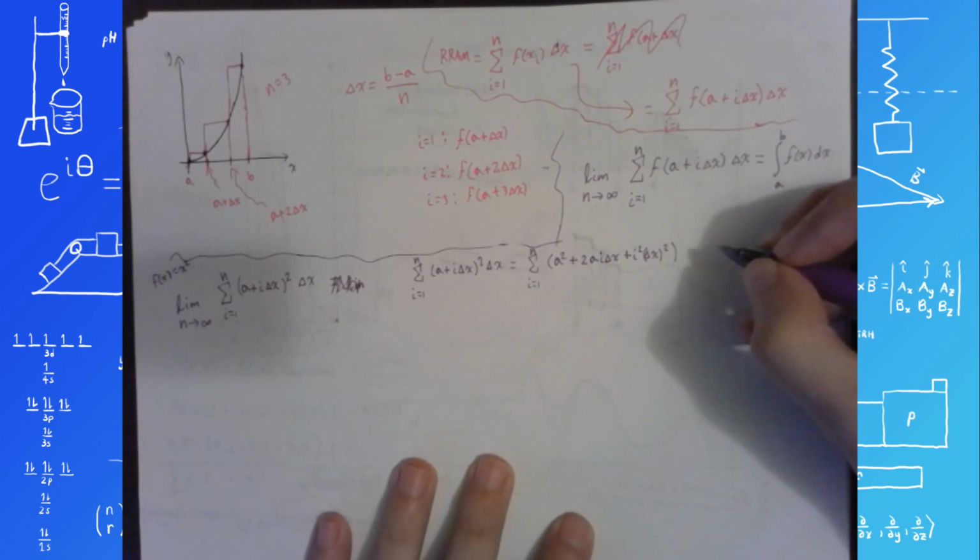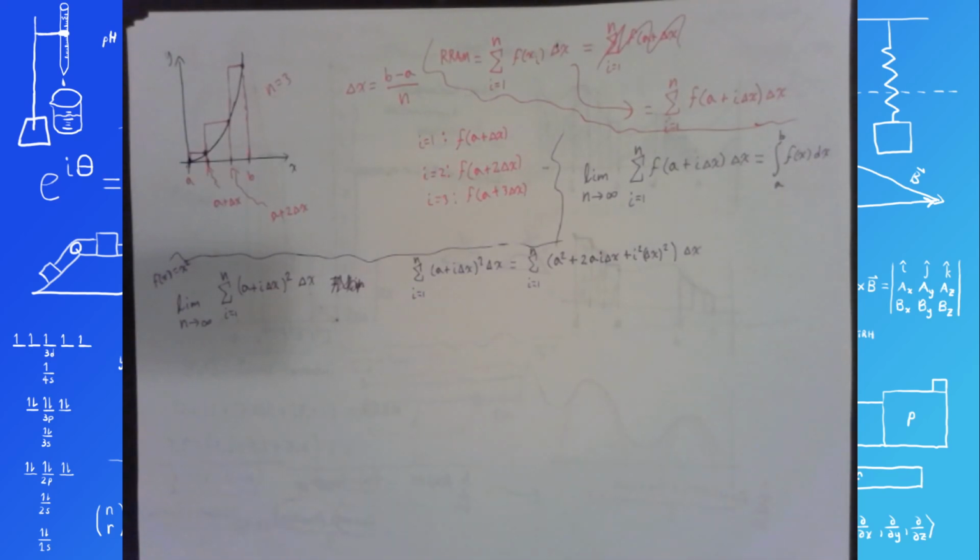And then all that times a delta x. If I remember correctly, I still want to leave this delta x outside of the expression, but I might change my mind on that later.